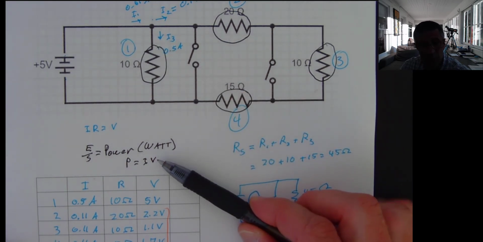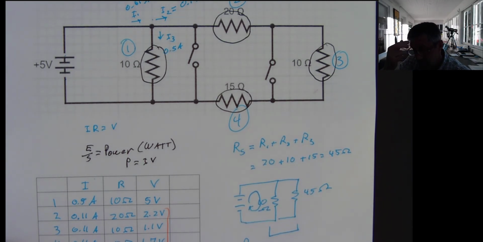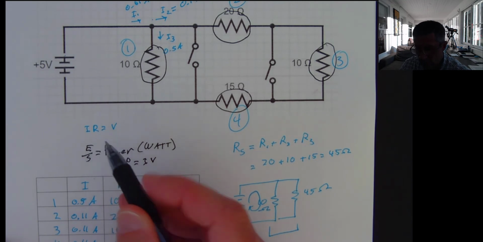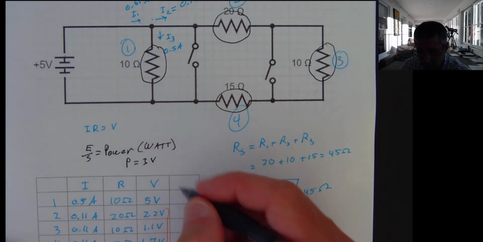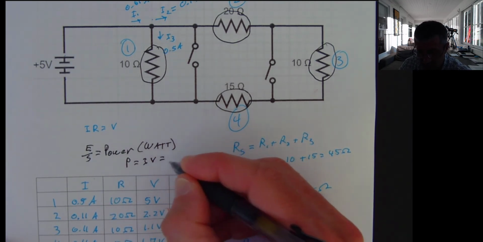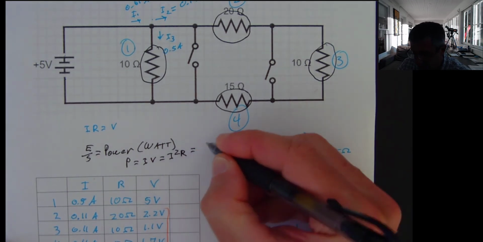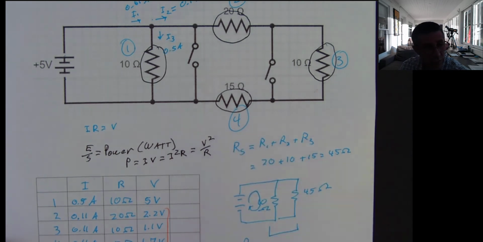Usually the power is going to be in the form of heat. Okay, notice that I have I and V. Well, I can use Ohm's law. So I have 3 different ways I can calculate power. I could put it as current times voltage. I could have current squared times resistance, and I could have voltage squared over resistance. So these are all 3 different valid forms, depending on what I have.